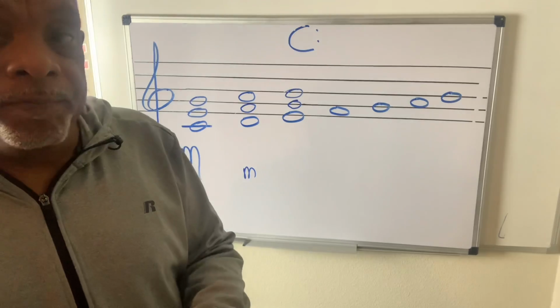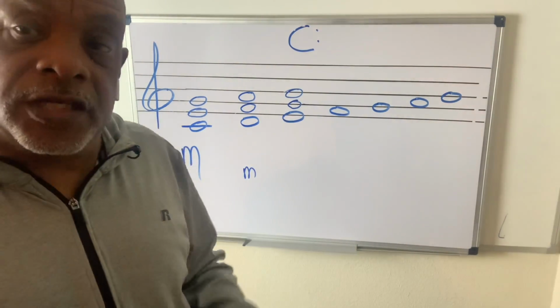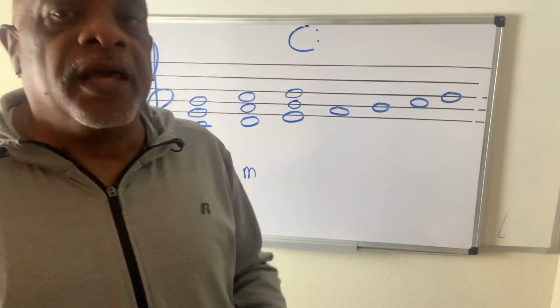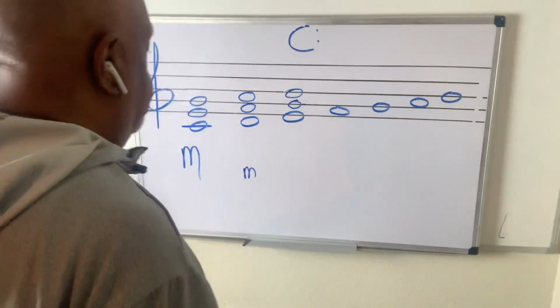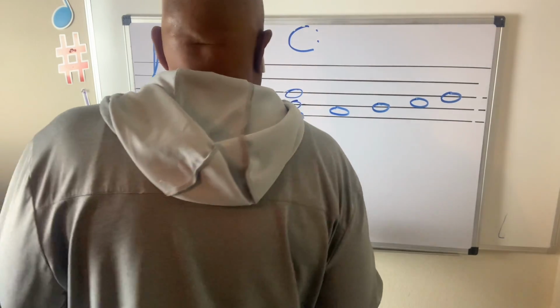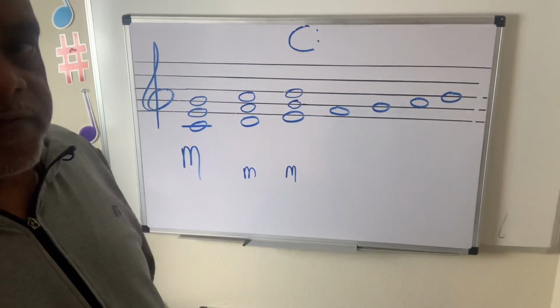So again, if the third is lowered a half step, that makes that chord or triad minor. So our third scale degree is what? It's minor. Let's go to the fourth scale degree.